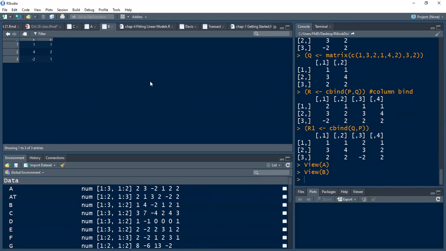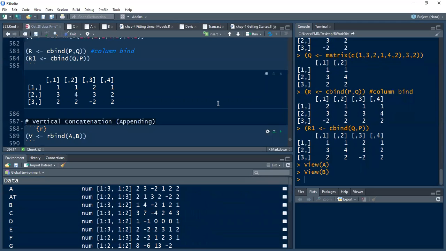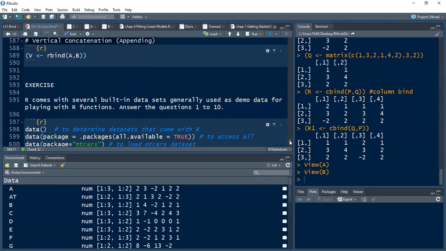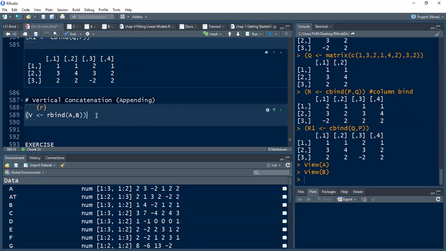So we can combine them, guys. We can only combine matrices if they have the same dimensions. So let's combine them vertically, okay? So that means we're going to use rbind, row bind, which is this one, okay? Row bind, all right?